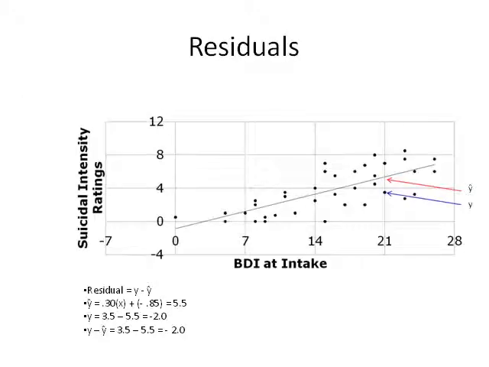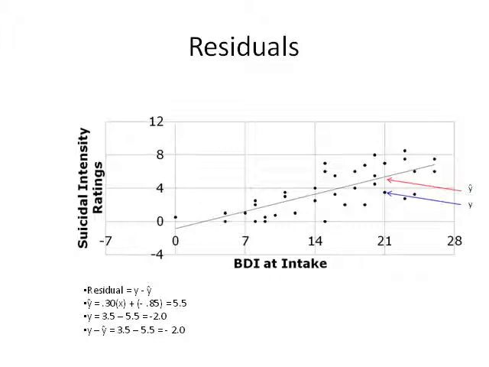The gap between any predicted score on y and the individual's actual score on y is called a residual. It is an error in prediction. The arrows in this slide note the actual and predicted score on the criterion for an individual who scored 21 on the Beck Depression Inventory and scored 3.5 on the Suicidal Intensity Rating Measure.